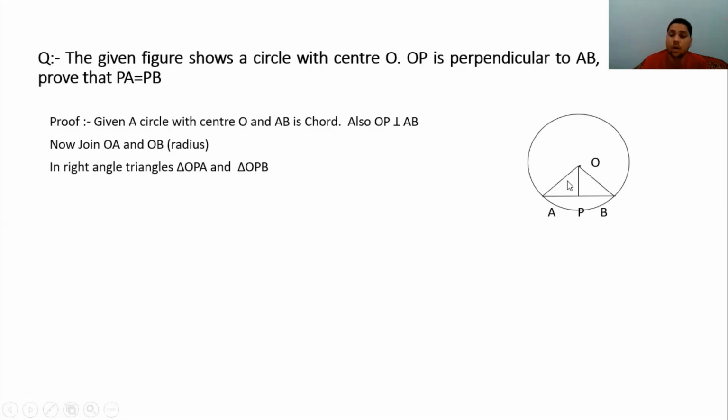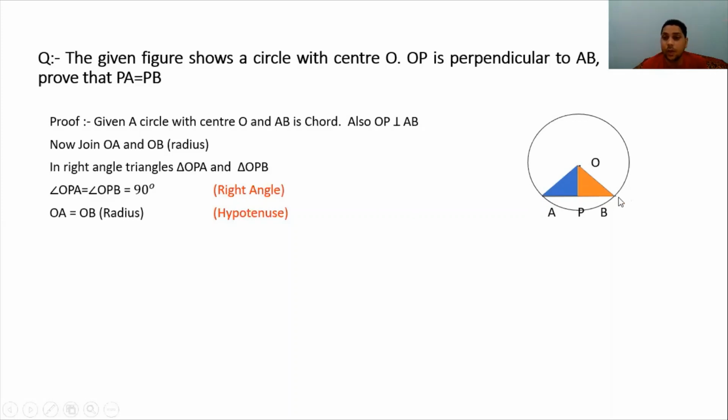Since OP is perpendicular to AB, angle OPA and angle OPB both measure 90 degrees. Next we have OA and OB, which are the radii of the circle, that means OA is equal to OB.